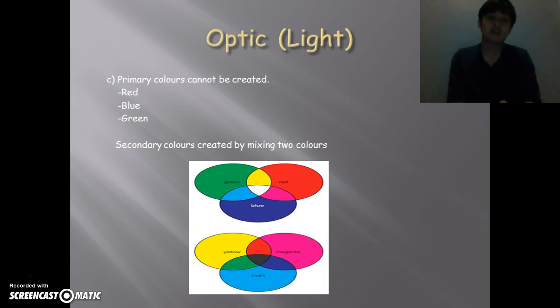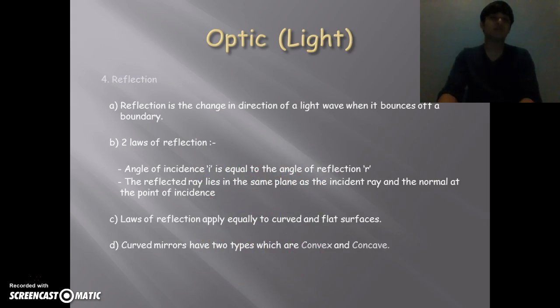For example, in this diagram you can see green and blue can mix together to make cyan. Red and green can also make yellow. Blue and red can make purple, and etc.